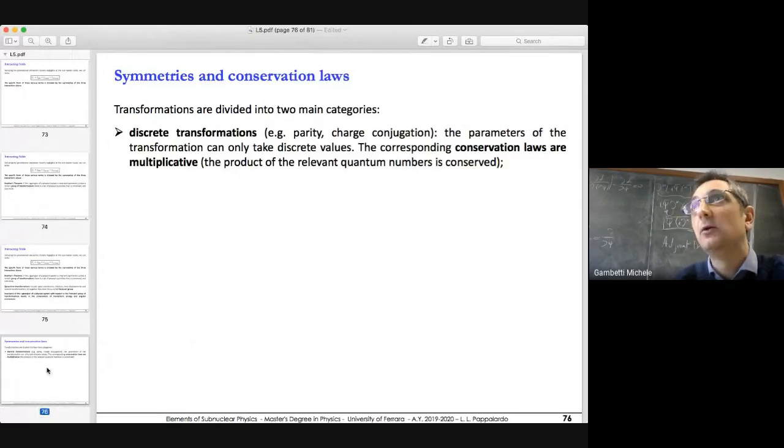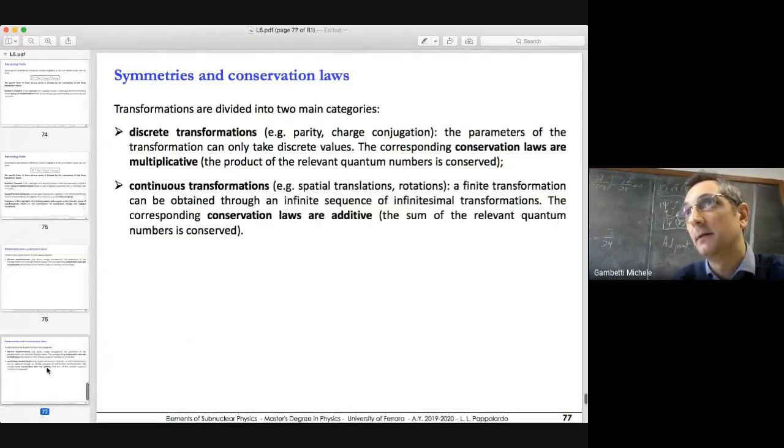Then we have the continuous transformations, the other group. This includes, for instance, spatial transformations, rotations, and many more. In this case, a finite continuous transformation can be obtained through an infinite sequence of infinitesimal transformations.